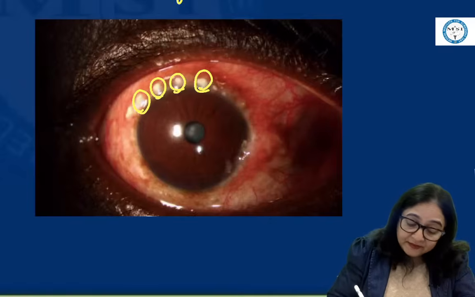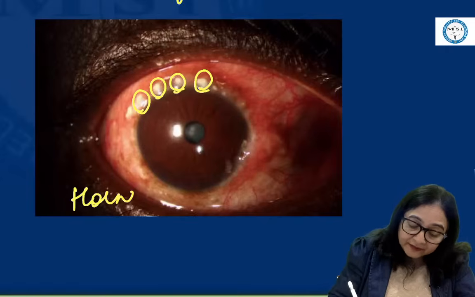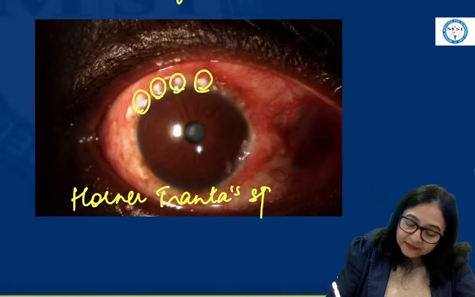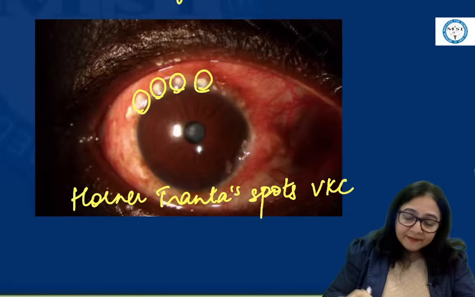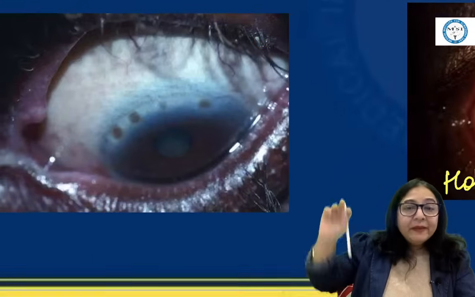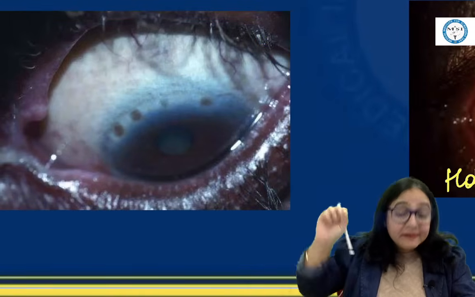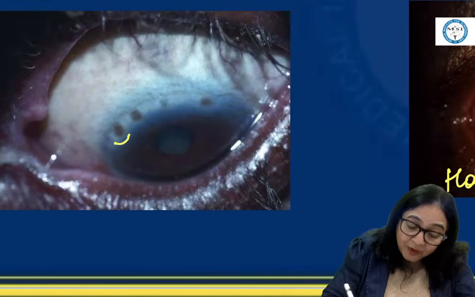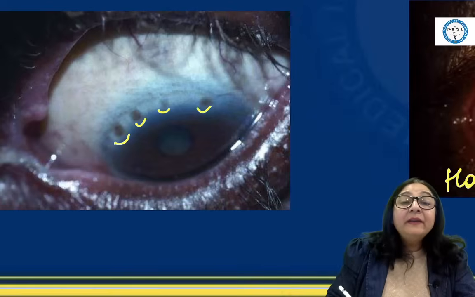Okay, so these are your Horner-Trantas spots, which you see in the cases of VKC, vernal keratoconjunctivitis. Alright, and here is an image in which you are not seeing any raised lesion, but you are seeing small pits on the limbus.